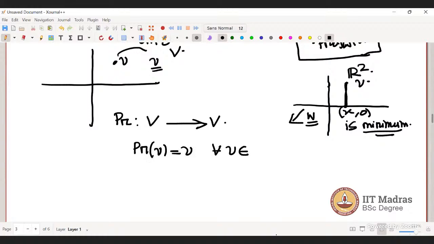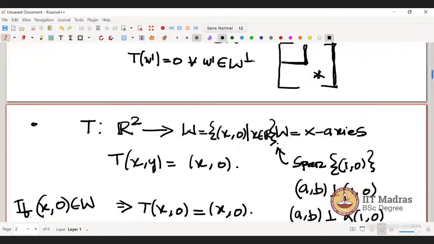So can we conclude that every projection is onto? It may or may not be one-one, but it is always onto. It's one-one if it's the identity map, that is, if W is basically V. Yes, all projections are always onto.